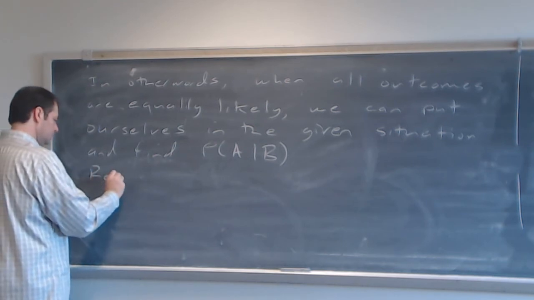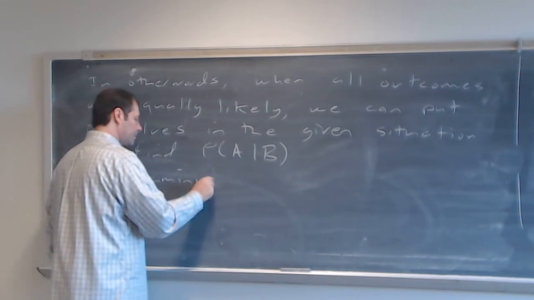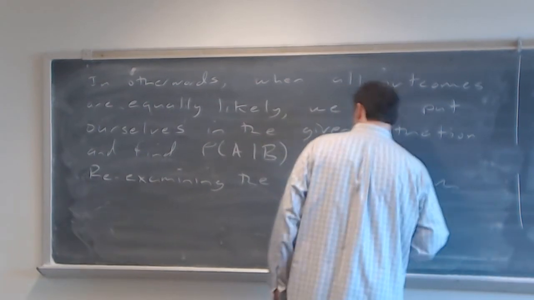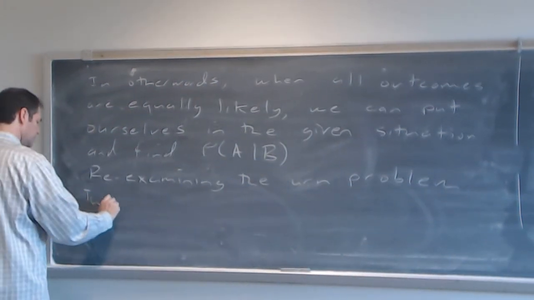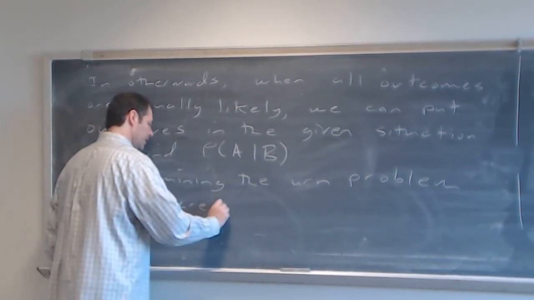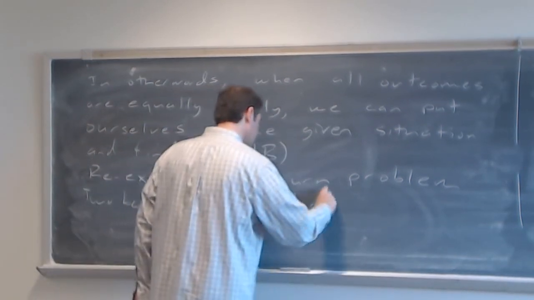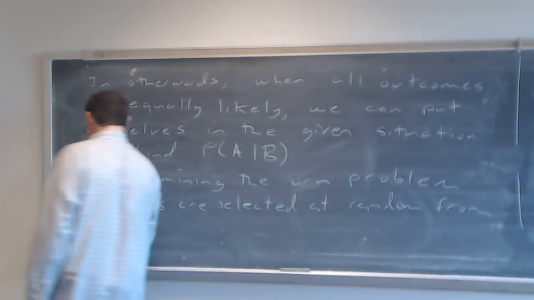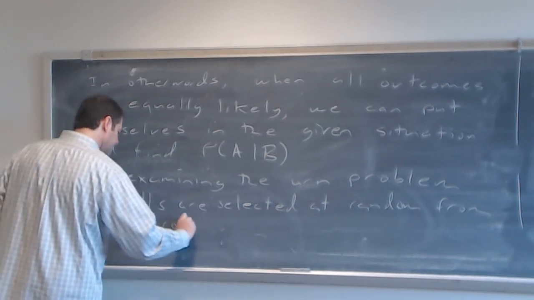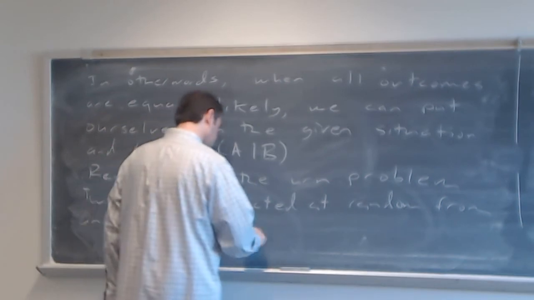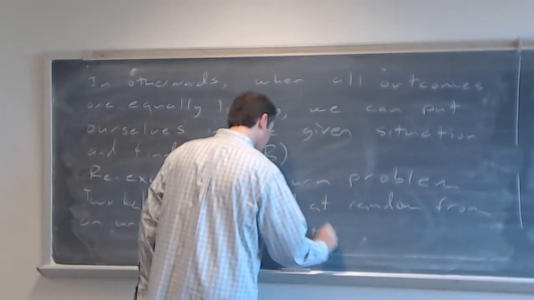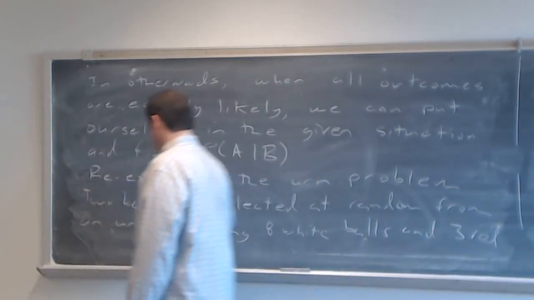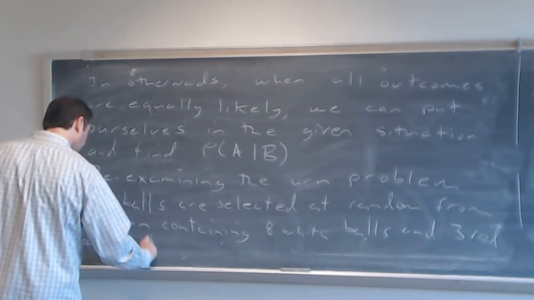Re-examining the urn problem. So again, it says two balls are selected at random from an urn containing 8 white balls and 3 red balls without replacement.